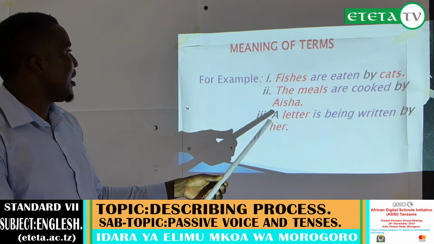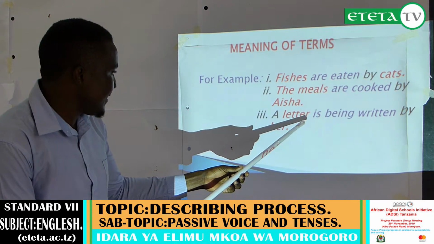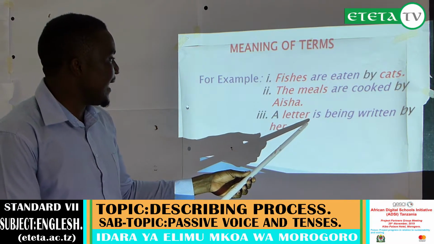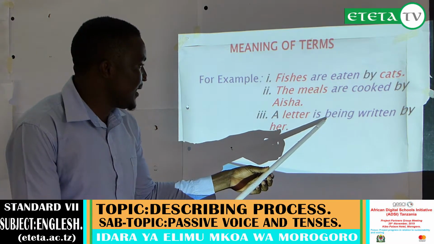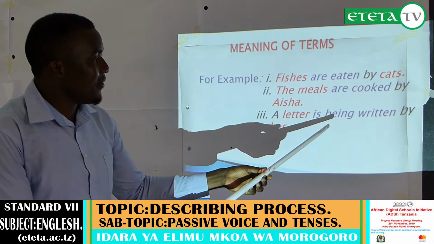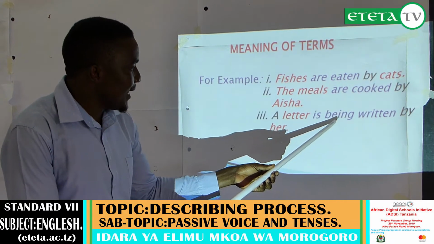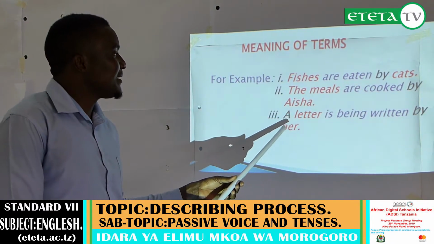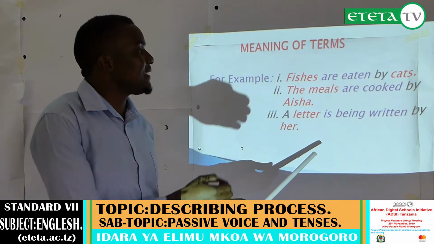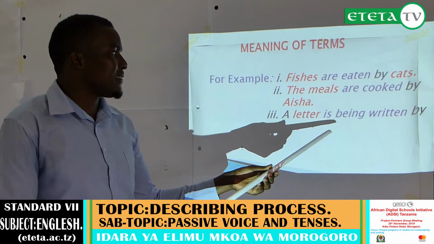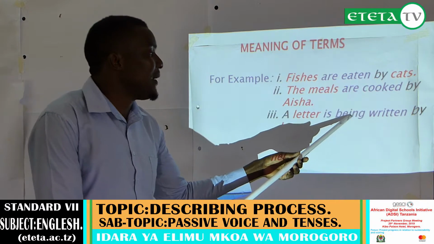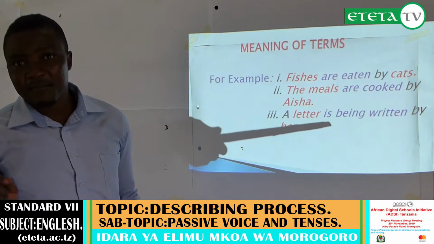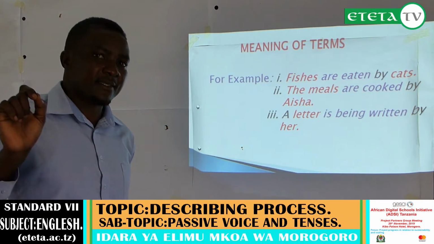We have the subject of the passive voice. This word, a letter, is the subject of the passive voice. Then what comes after a letter is the helping verb of the tense, is. After is comes being, indicating that something is being done to the subject of the passive voice, but it is a progressive action.